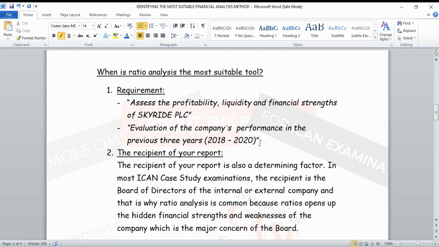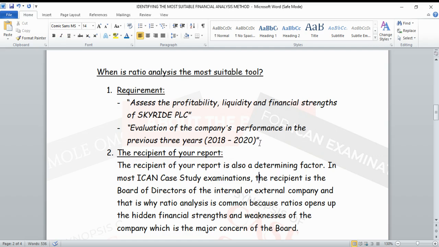Assessing the liquidity, that's liquidity ratios. Assessing financial strength, that's when you have the debt to equity ratio and all of that. So when questions like this come, you definitely know they're tending towards ratio analysis. Even something like evaluate the company's performance is tending towards ratio analysis. You definitely know, I'm smelling ratio here, right?